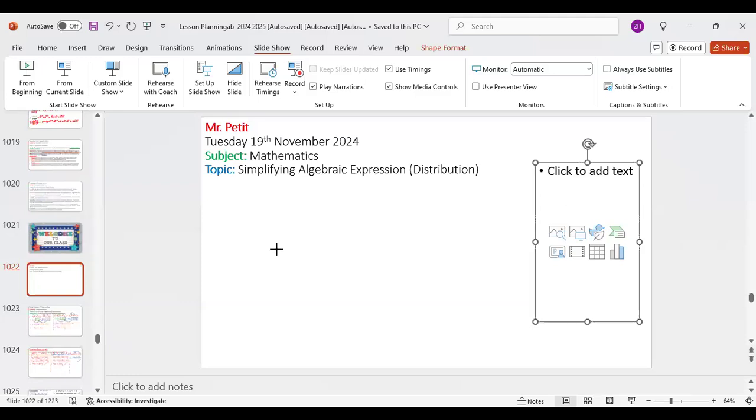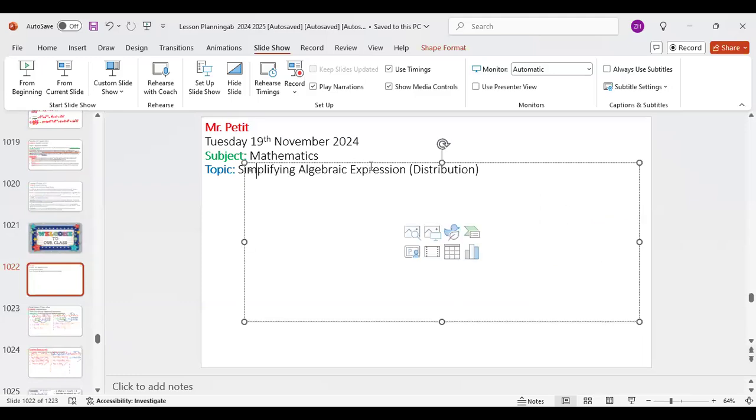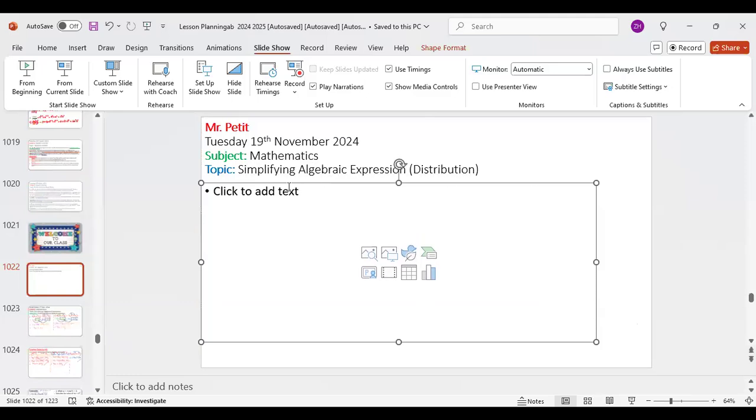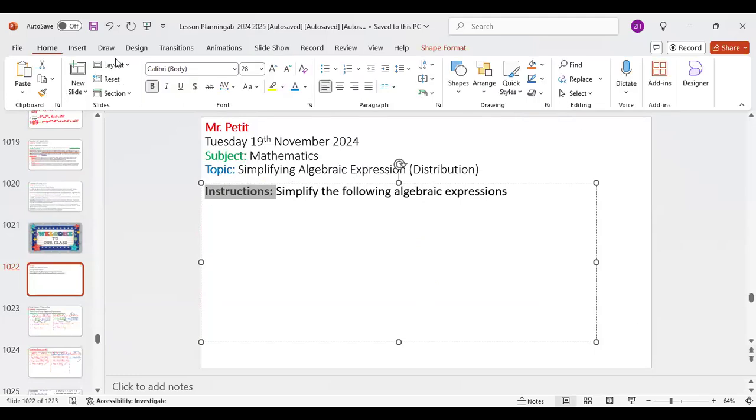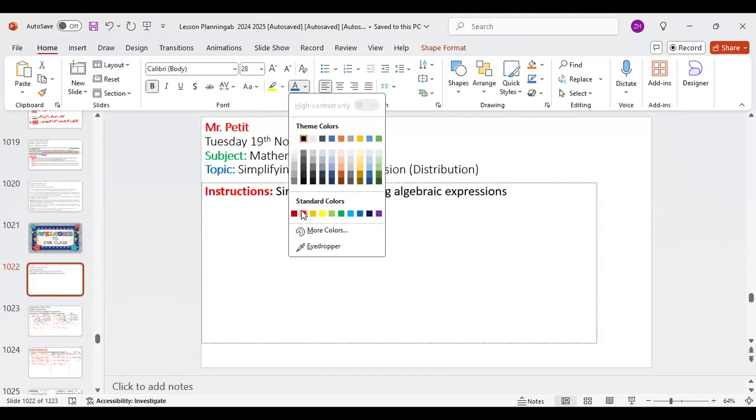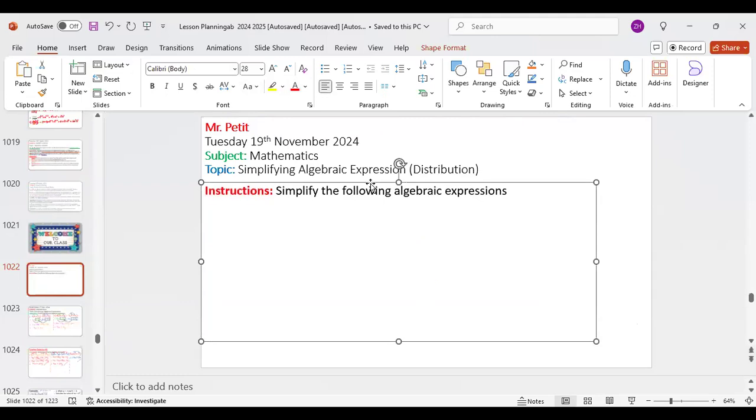The instructions are: we want to simplify the following algebraic expressions. That's what our goal is. Simplifying the following algebraic expressions. And so let's begin.